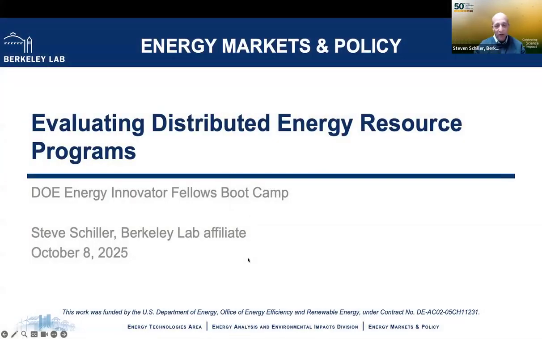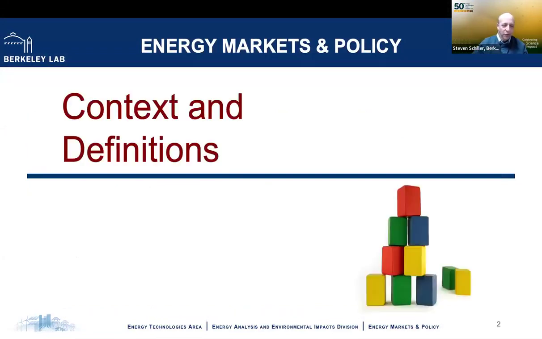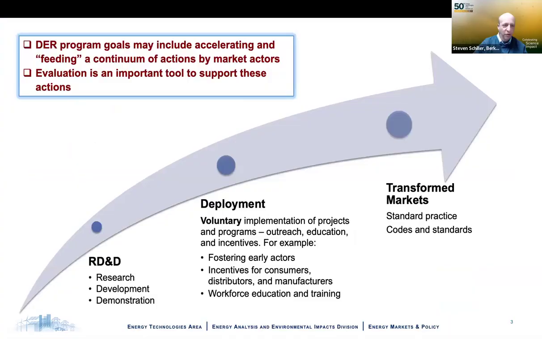So, we talked about designing these programs, and now let's talk about evaluating them. First, a little context and some definitions. We talked a bit about this before, in that what you're looking to do with your programs is accelerate some actions by market actors.